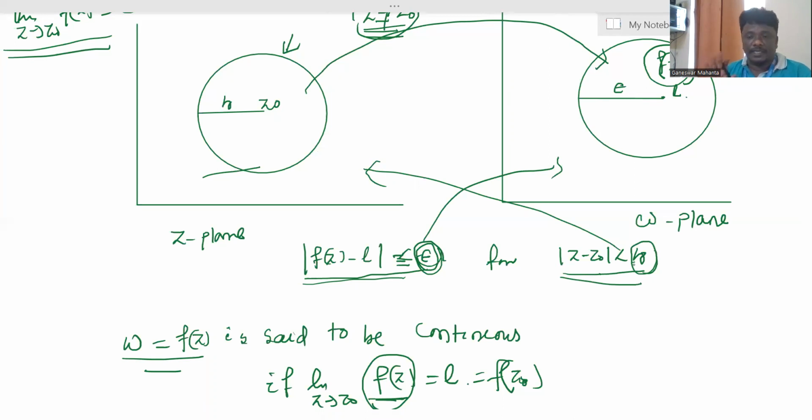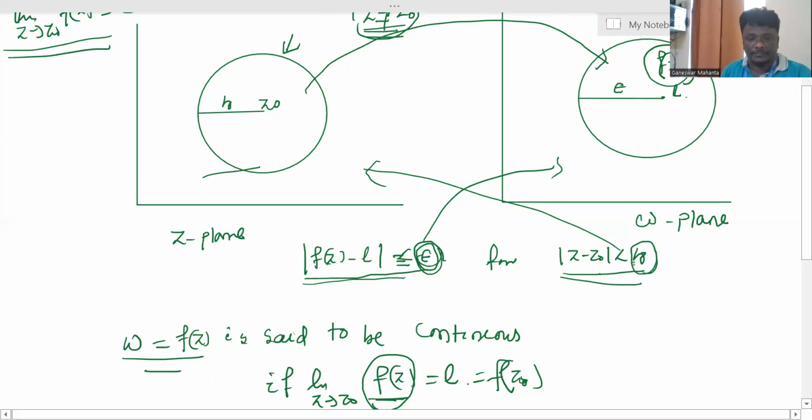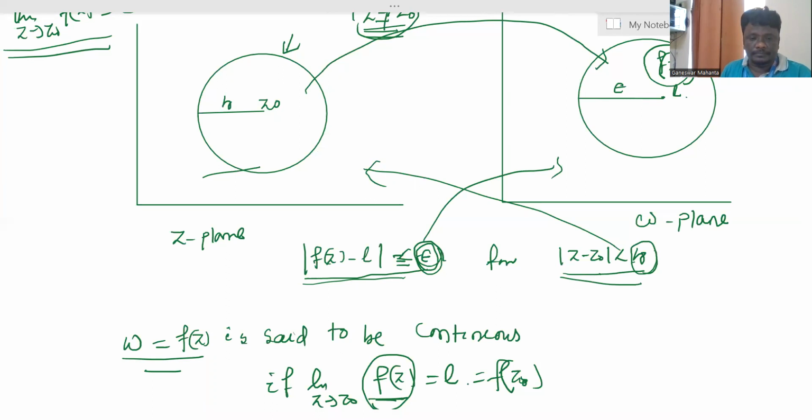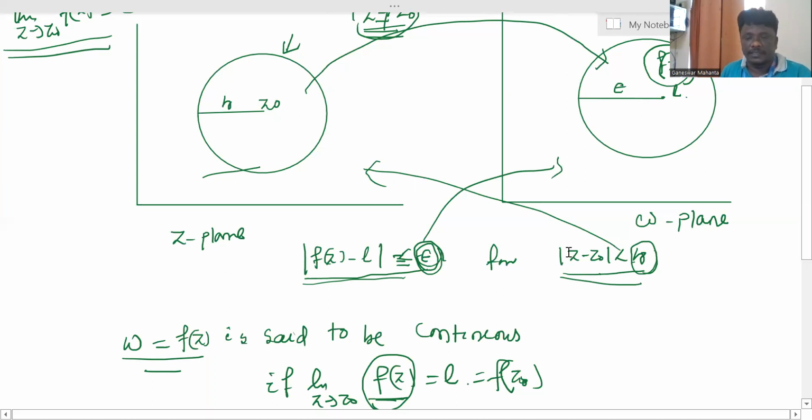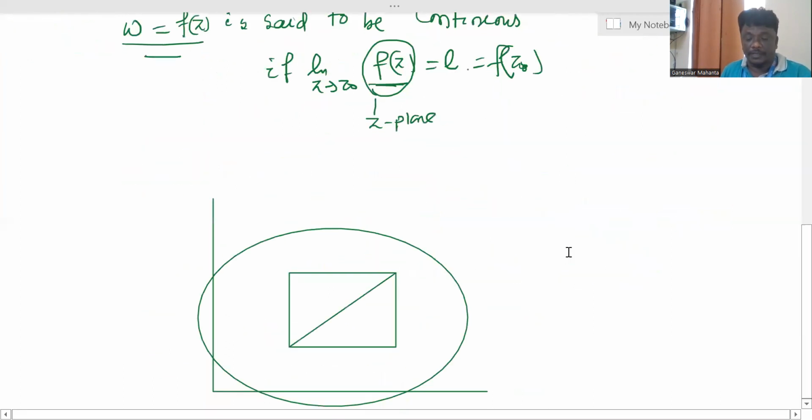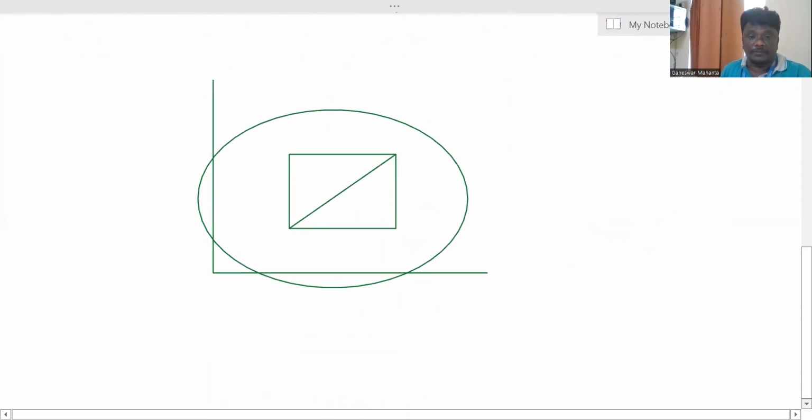If the limit point exists, how do we calculate the derivative of the function f(z)? We have already known the function f(z), that is omega.